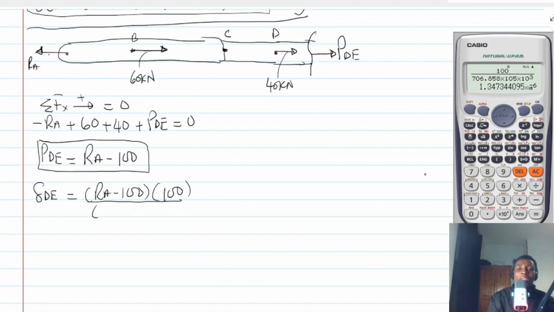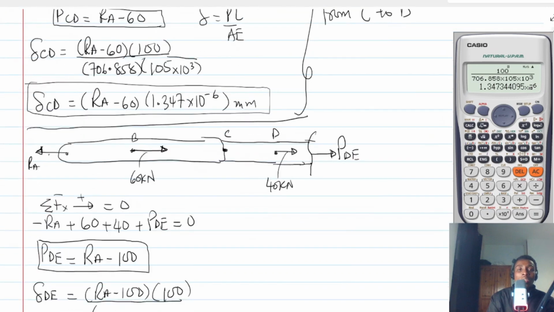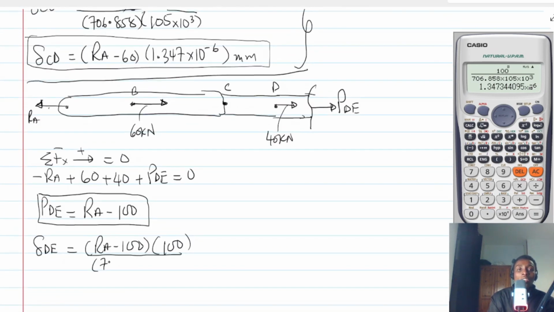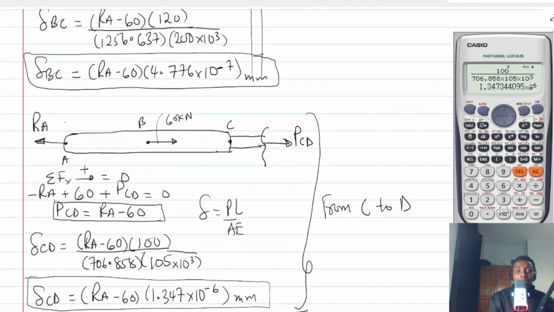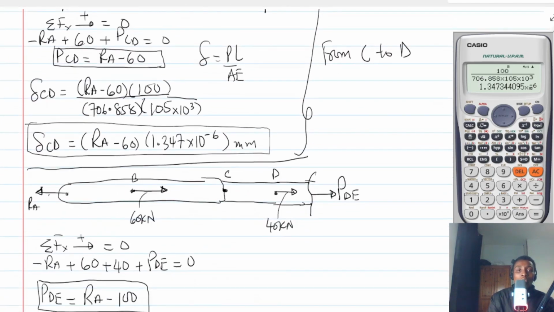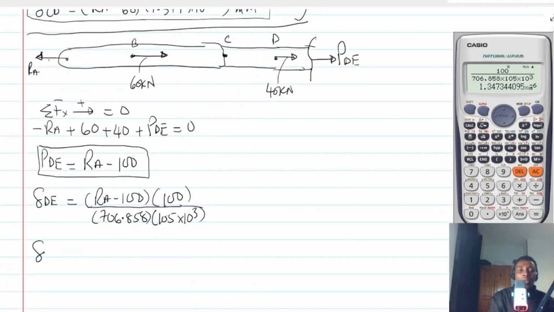The area is the same as that of the brass portion for CD, so it's going to be 706.858, and it is also brass, 105 times 10 to the power 3. The funny thing is that AB and BC are the same, and CD and DE are the same in terms of the area and Young's modulus. So delta DE is what? We cannot do anything about this, so let's compute that expression.